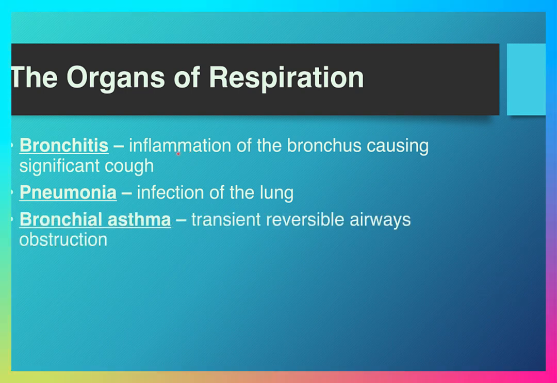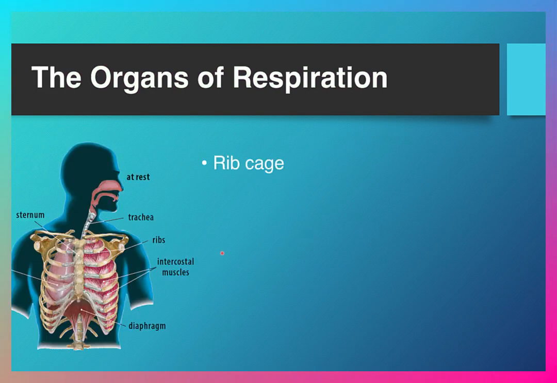And then asthma is reversible, key word here is reversible airways obstruction. Generally it's transient, which means it doesn't last. It's reversible, which means there are periods in which the person is normal, and then it causes airway obstruction and difficulty getting breath in.